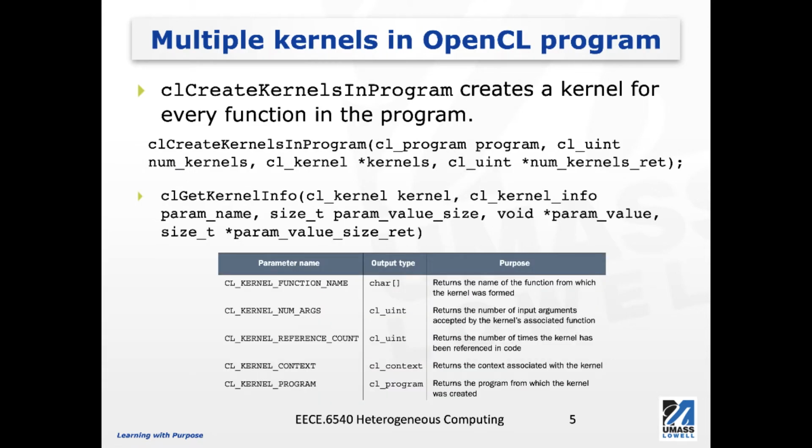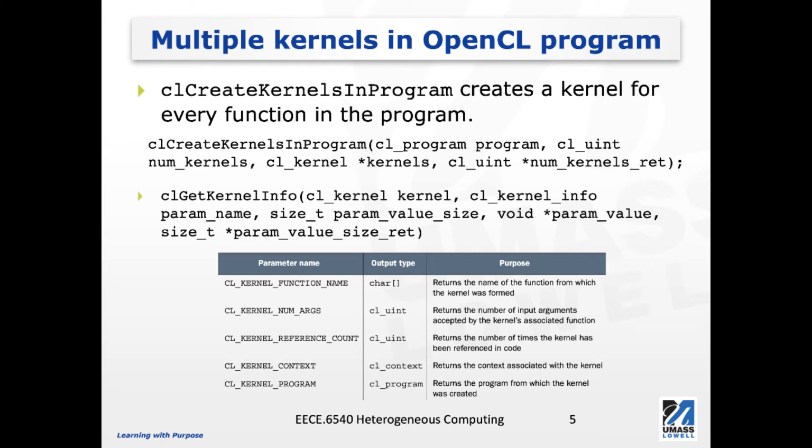Now, we want to talk about another interesting API that we are probably going to use. In the past, we created kernels in programs where in each OpenCL program we mostly had one kernel function with a certain kernel function name. There are cases where you can have multiple kernel functions in the same OpenCL program.